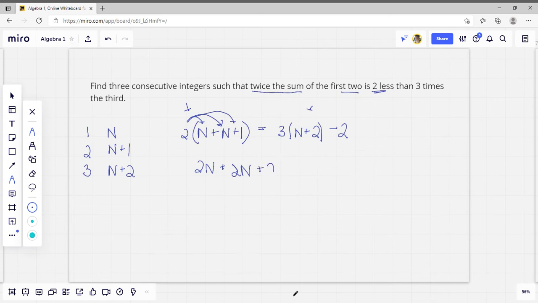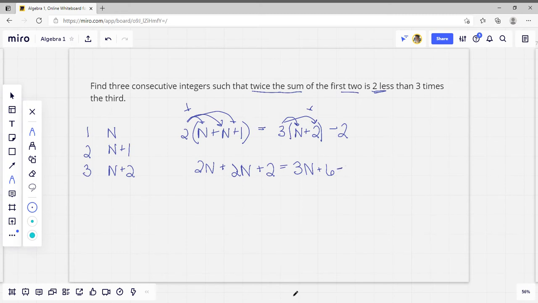And that's going to be equal to, we got to rainbow this side, 3n plus, we got to rainbow this side, 3 times 2 will be 6. And then we have our minus 2.